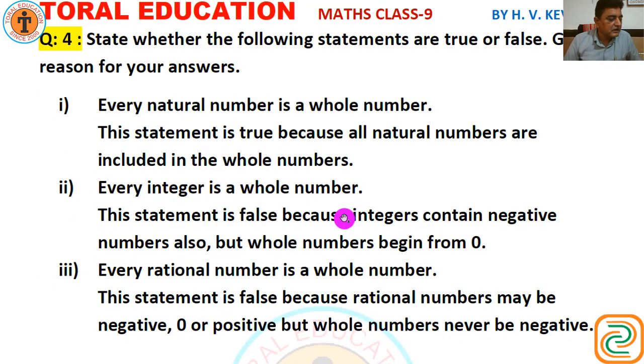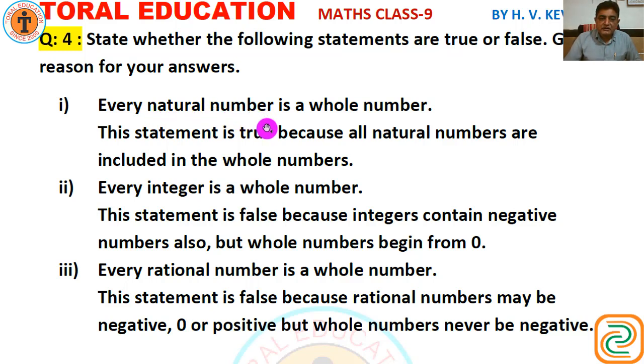Question number 4. State whether the following statements are true or false. Give reason. First, every natural number is a whole number. I gave this statement in the beginning when I was defining the numbers.